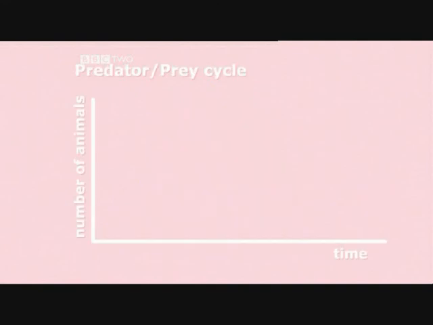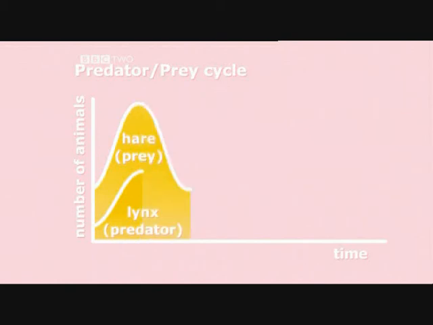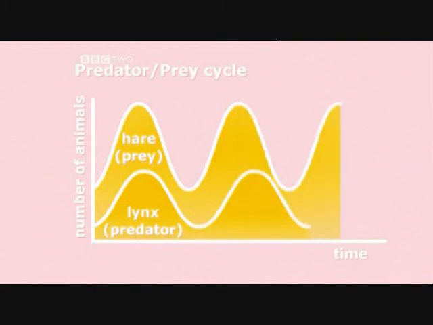This is a classic example of a predator-prey cycle. If the hare population increases, this supplies more food for the lynx, the predator. This results in an increase in the lynx population. However, more lynx results in fewer hares, which in time results in fewer lynx again. These fluctuating population sizes are typical of lots of predator-prey relationships.